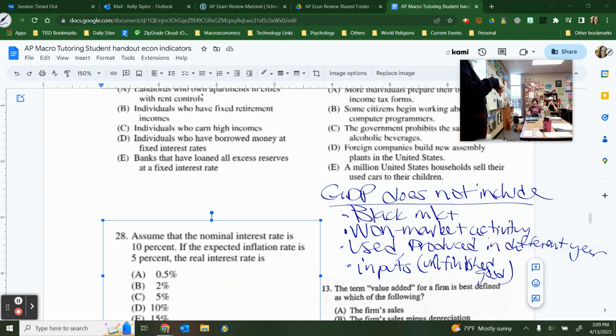But if a home builder buys lumber to build a house, that lumber is not counted until I buy the house, because the lumber wasn't the final stop there. The house is the final stop when I buy it. Materials to make it something. Yes, but I can go buy lumber and that will count, but not when the home builder buys it, because it's not done yet.